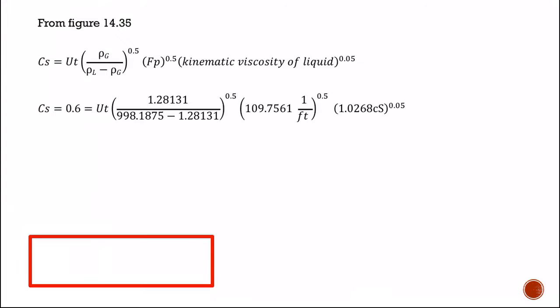We can calculate the U, or the superficial gas velocity, using the formula here, which is the capacity parameter equal to the superficial gas velocity times the quantity density of the gas over the density of the liquid minus the density of the gas raised to 0.5, times the kinematic viscosity of liquid raised to 0.5.